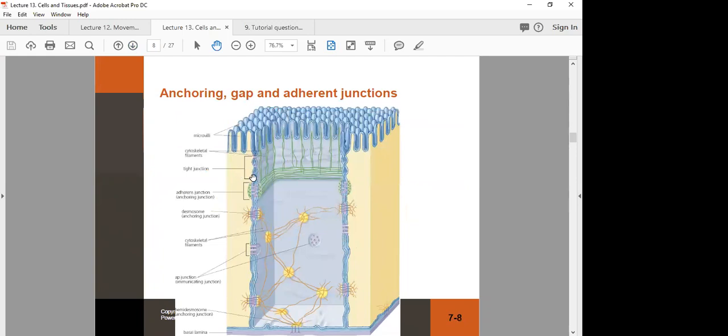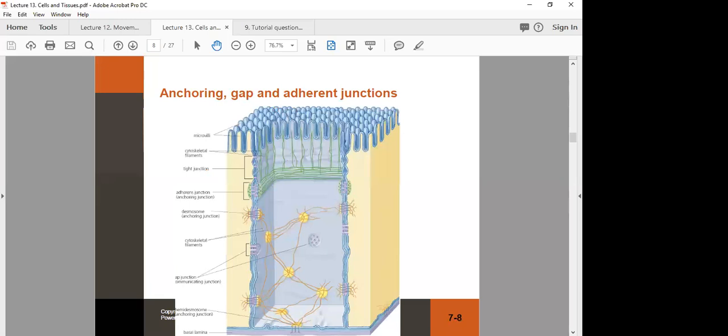Here we have an example of a tight junction right there. Here we have one type of anchoring junction called an adherens junction, another type of anchoring junction called a desmosome, a communicating or gap junction, and another type of anchoring junction called a hemidesmosome.